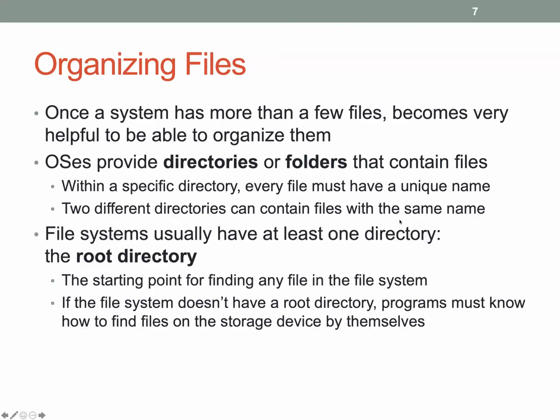There typically is one place in the file system that's considered the root, or the top level of the directory hierarchy. Some computers support multiple roots depending on the way the file system is exposed by the operating system. So Windows and MS-DOS before it had this notion of each drive or each partition was a root.